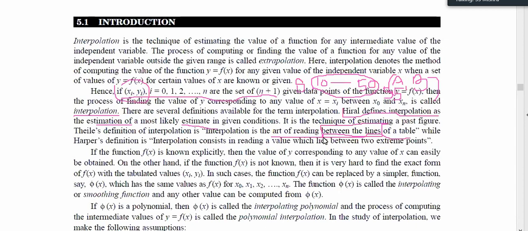Then in the context of interpolation, between the lines means each and every possible value of the function corresponding to the values of the independent variable within or inside the given range. Harper's definition is: interpolation consists in reading a value which lies between the extreme points.